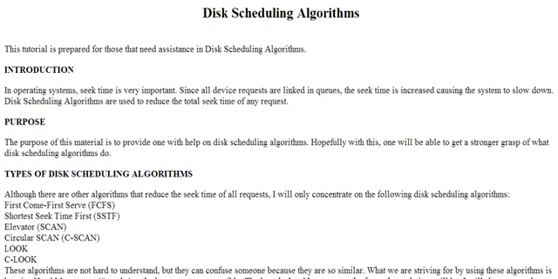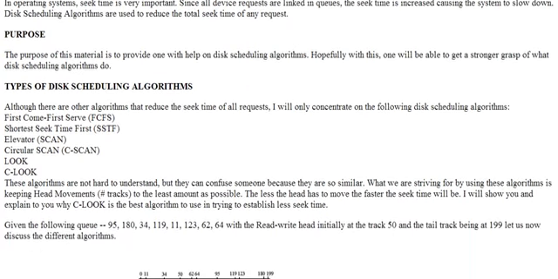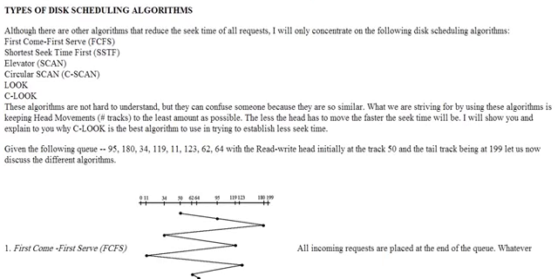This tutorial is prepared for those who need assistance in disk scheduling algorithms. We have basically a few types of disk scheduling algorithms. The first one is FCFS, which is first come first served, and the second one is SSTF, the shortest seek time first.